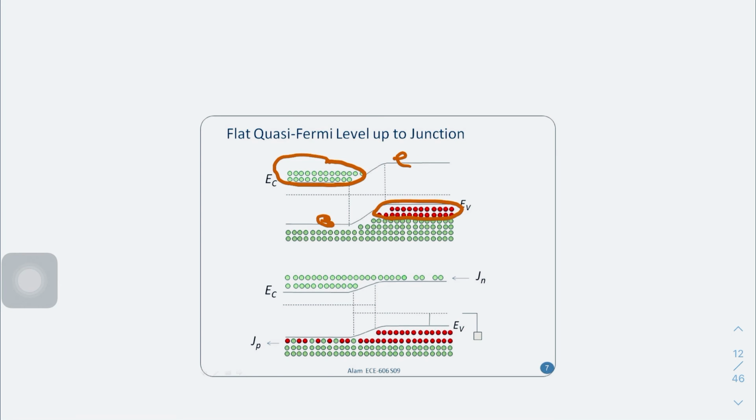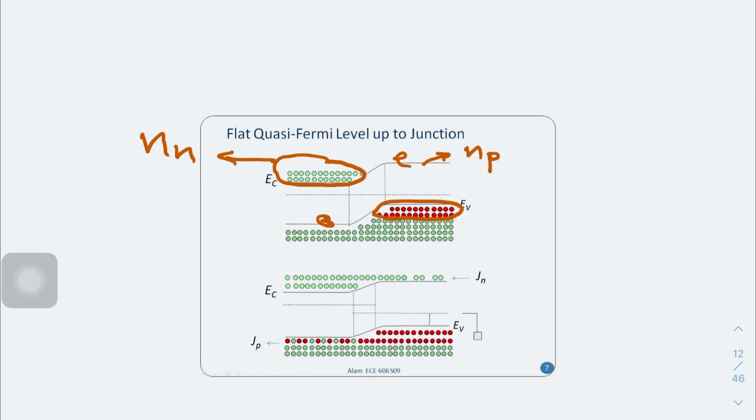Majority current carriers in the n side, which are electrons, are called n sub n, and the minority current carriers in the p side, which are electrons, are called n sub p.